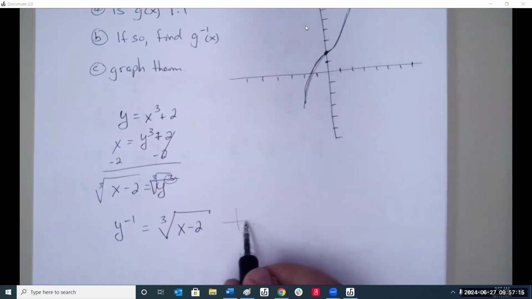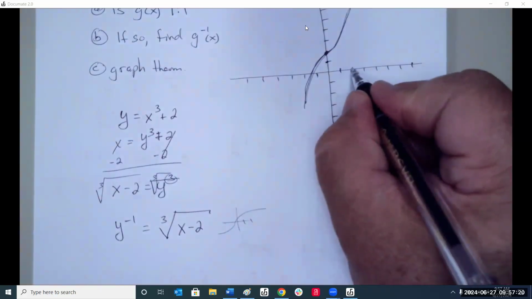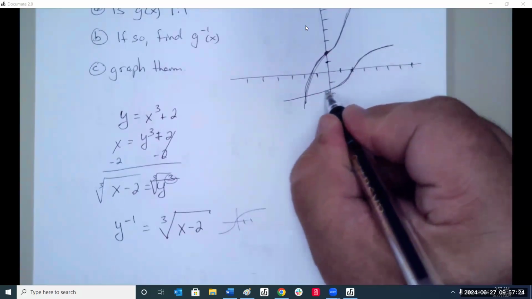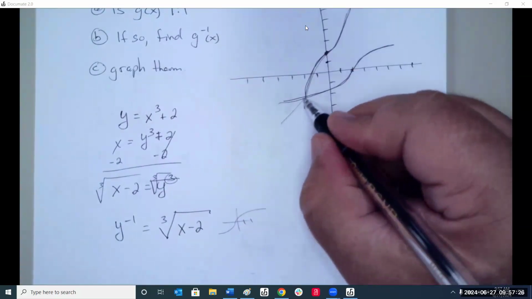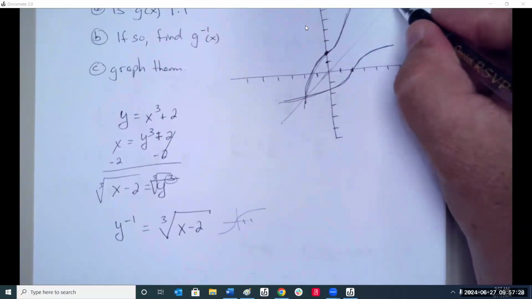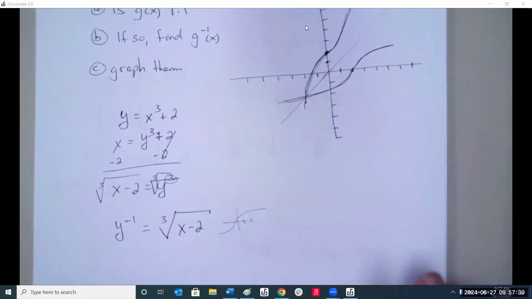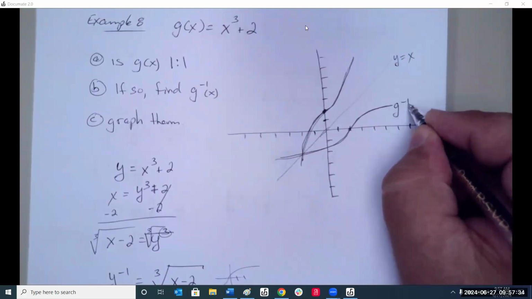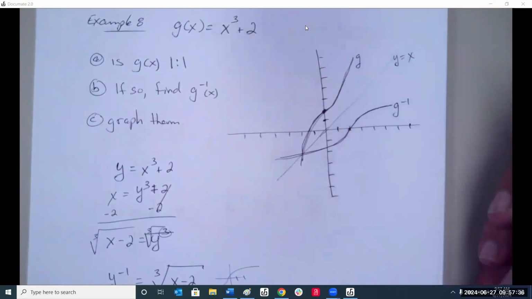The cube root function looks like this. It's just shifted to the right 2 spaces. And there's the symmetric line. That's g inverse, and that's g.